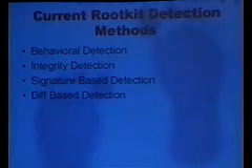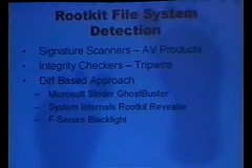So there are several different methodologies to detect a rootkit. There's behavioral detection, integrity detection, signature-based, and more recently there's diff-based detection. Here are some examples of these different methods in use. Signatures are basically AV scanners. Integrity checkers, an example of that is Tripwire.